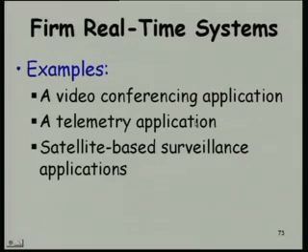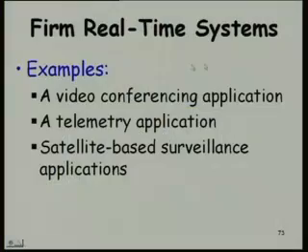We can have telemetry applications. If new data becomes available, you do not need the old data, and you might discard it. Before the old data is processed, the new data has come, so you discard the old data without much difficulty, because after all it is just measuring something like the weather. Then there are satellite based surveillance applications, where we get signals and process them to see whether there is a movement of army or what the crop is, that kind of surveillance.